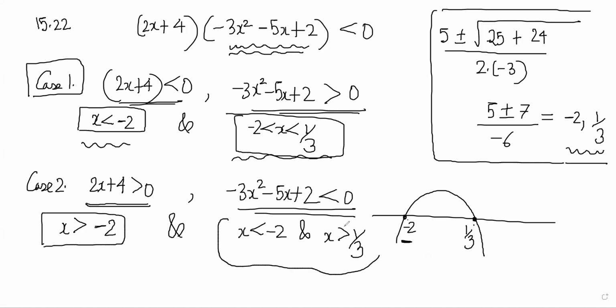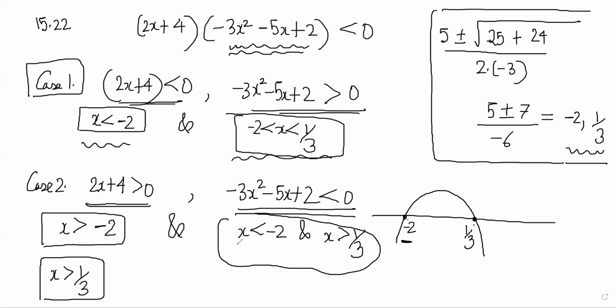Is this case possible? Yeah. When is this possible? When x is like, I don't know, 5 or something, when it's greater than 1/3. Actually, it's possible when x is greater than 1/3.